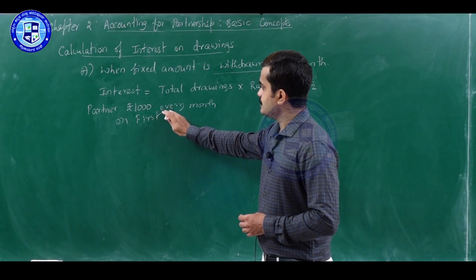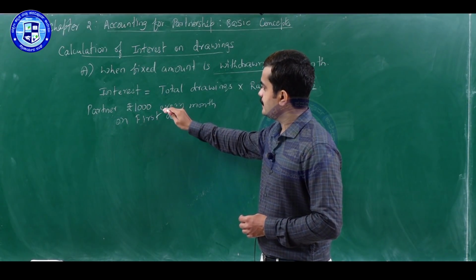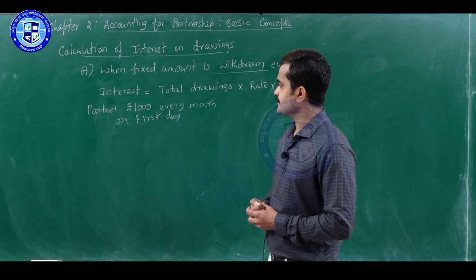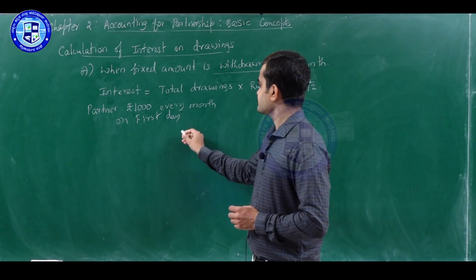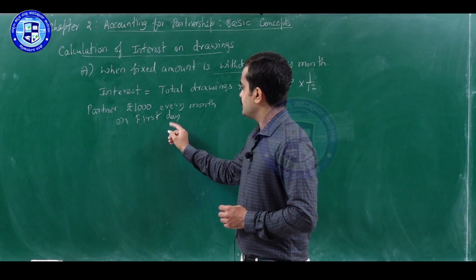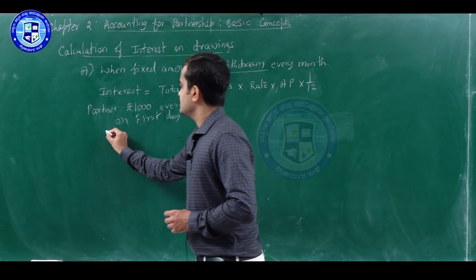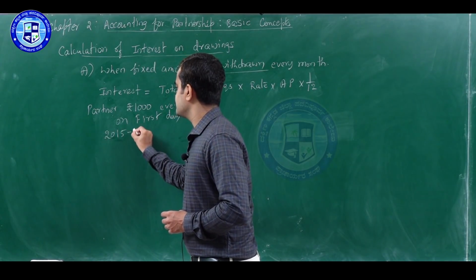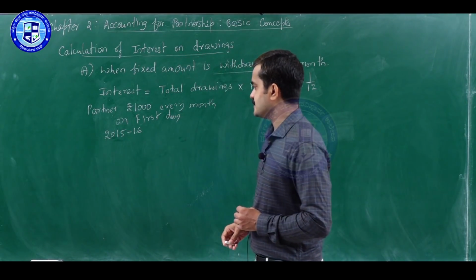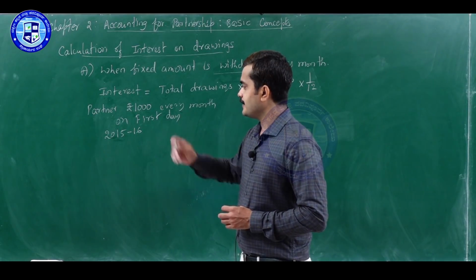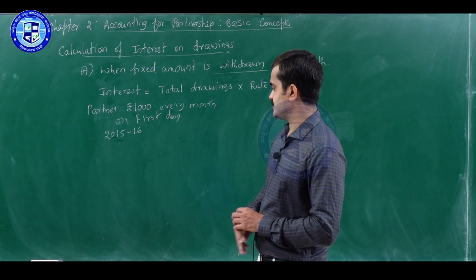Let us understand when the first drawing will take place. Since it is the first day of every month, suppose the accounting period is 2015-16, starting from 1st April and ending on 31st March 2016.